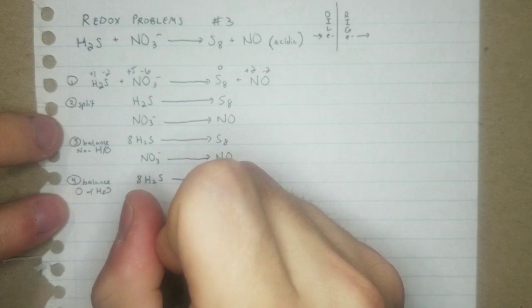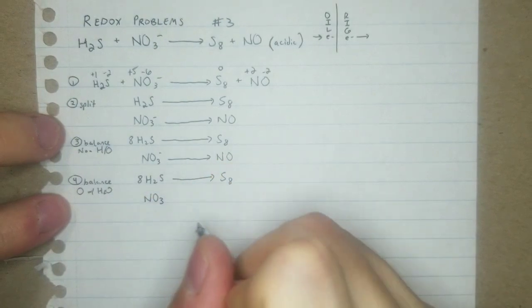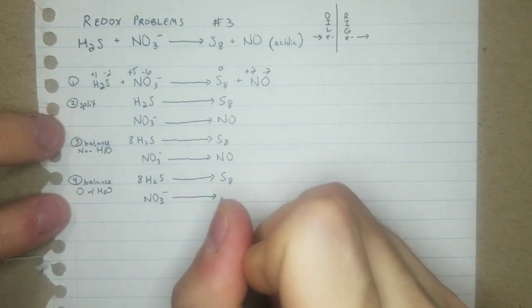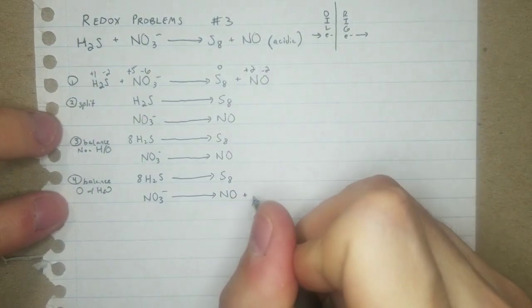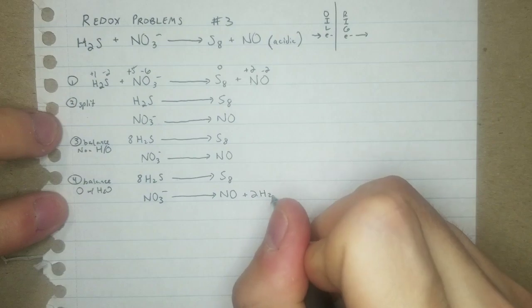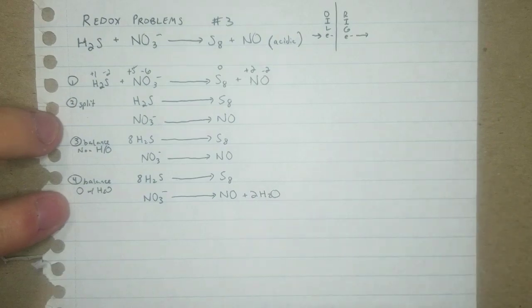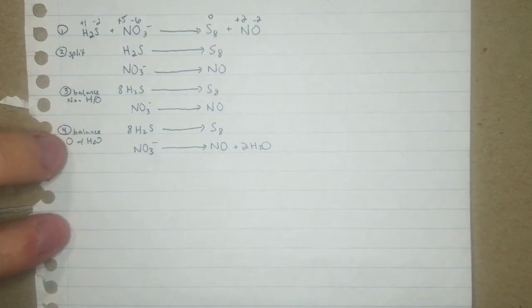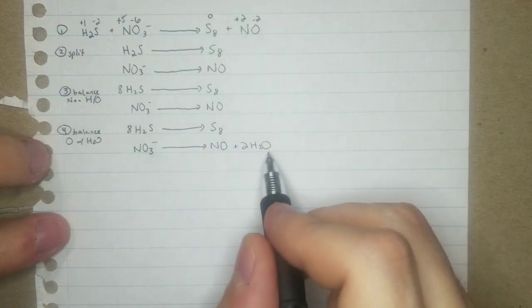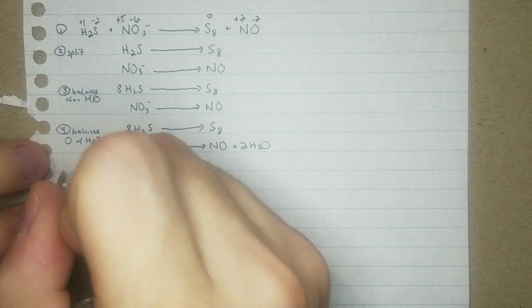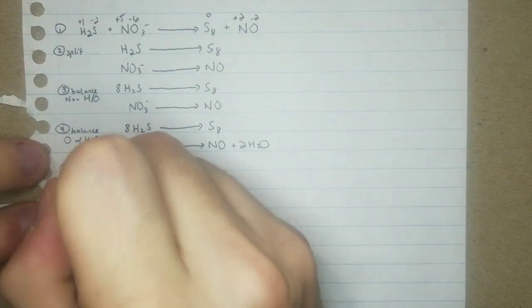Now we have NO3- yields NO. We have 3 O's here, only 1 O here. Gonna have to add 2 waters, because each water only has 1 oxygen. So we have 3 over here, 3 over here, good to go.